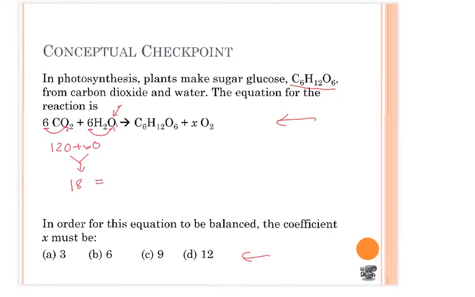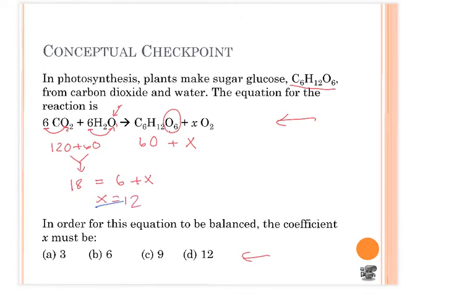Now that's got to be equal to the right side. On the right side, in the glucose molecule, we have 6 right here. There is no coefficient, so it's just 6 oxygens. And then we have oxygen gas released. So what is the X here? Okay, you could think, okay, I'll just subtract 6 from both sides and X is 12.